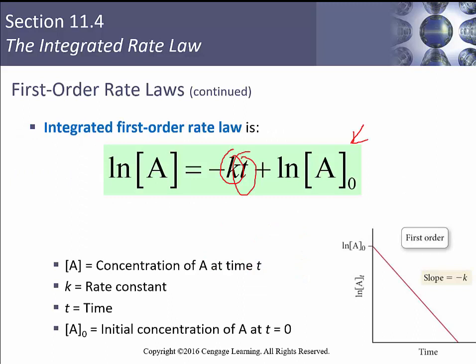Right? t is going to be our x-axis, so if you want to think of this as y is equal to mx plus b, our intercept is our initial concentration. Our slope will be negative k.